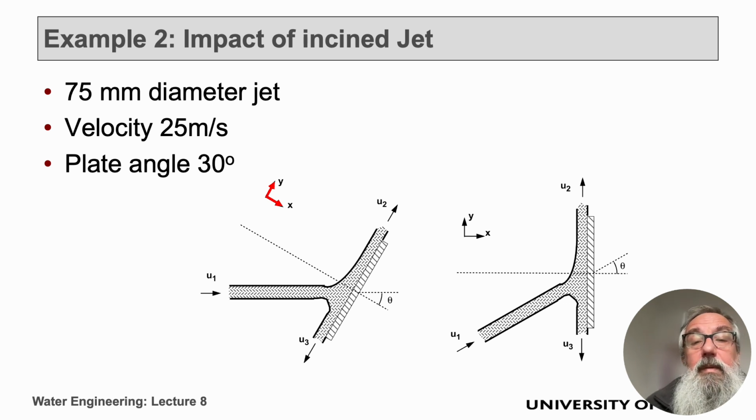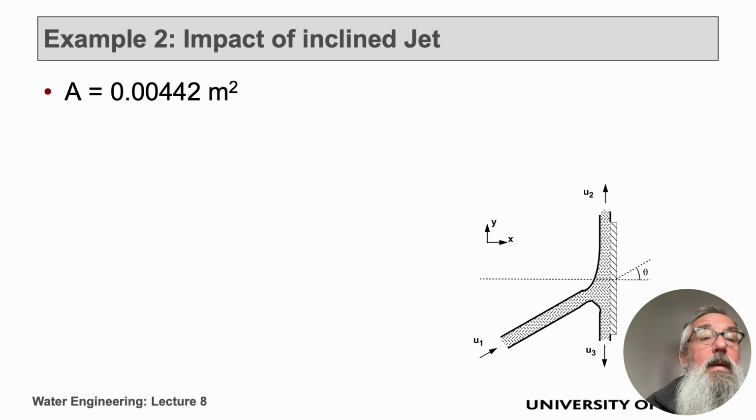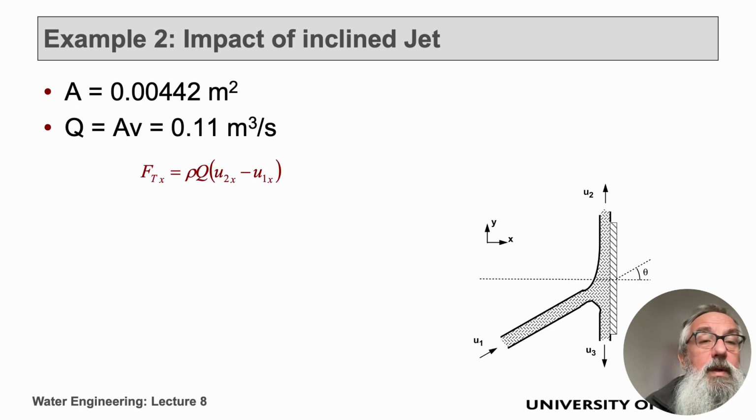We could turn it round and make it look like that if that's helpful. Calculate the area, again small, got it to 3 significant figures. Flow is quite small in this case, 110 litres per second, sorry, 0.11 meters cubed per second.